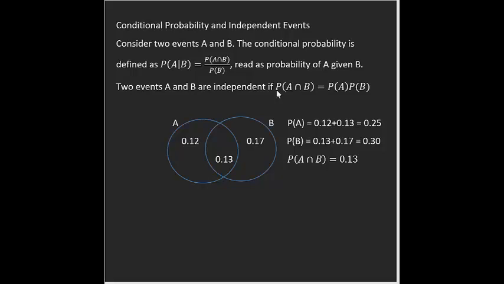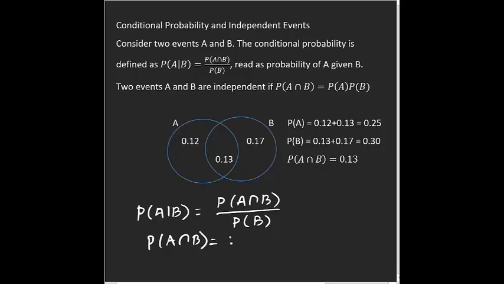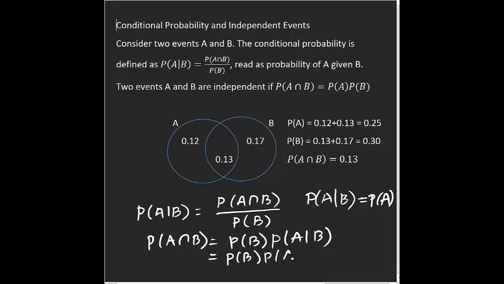I'll write by hand and show you what happens. From this formula, if I do the cross multiplication, I get probability A intersection B is the same as probability B times probability A given B. When you say that probability A given B is simply probability A, that means A doesn't depend on B. In that case, you get probability B times probability A, and the events are called independent.